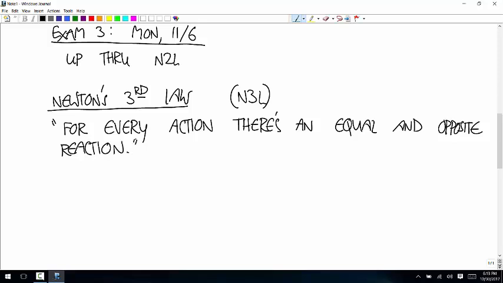So that's like the translated wording from Newton's manuscript. It's sort of hard to take that wording and put it into mathematical terms. So we're going to think about it in sort of more of a mathy way.